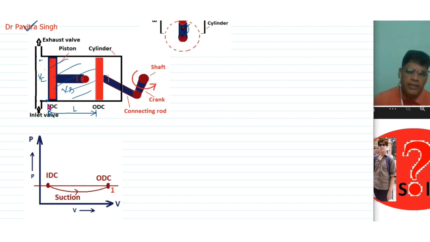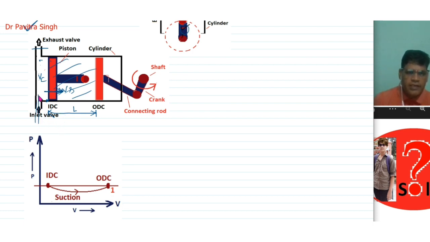When the piston moves from IDC to ODC, the exhaust valve will be closed and the inlet valve will be open.